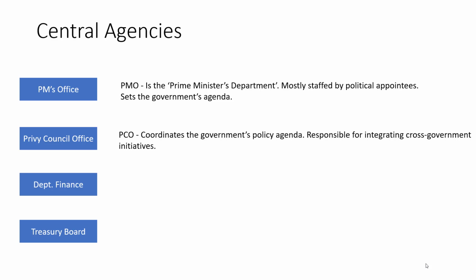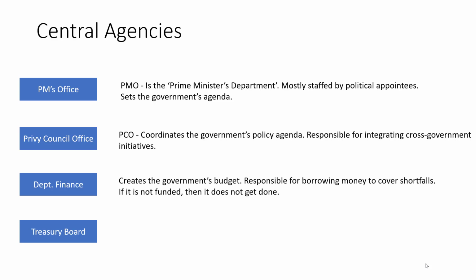The next group we'll look at is the Department of Finance. The Department of Finance is important because it creates the government's budget. Remember that one of the primary reasons why Parliament exists is to collect and spend money. So the Department of Finance creates the budget, which determines how much tax the government needs to collect.